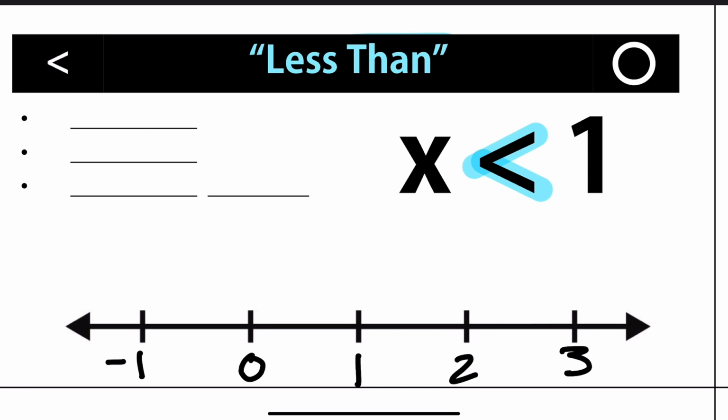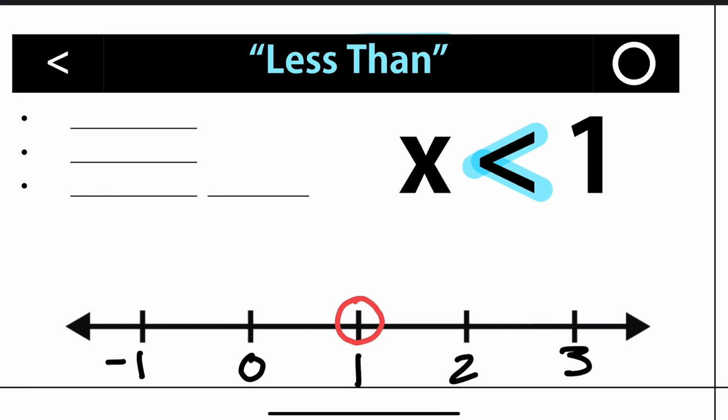So we're going to start at 1. We're going to put a circle there. Now, the circle at the top of your page here is going to show you what kind of circle you should have if you have a less than statement. If it's a less than, you're going to have an open circle, just like I drew here. And then we're also going to show which direction we have to go in.